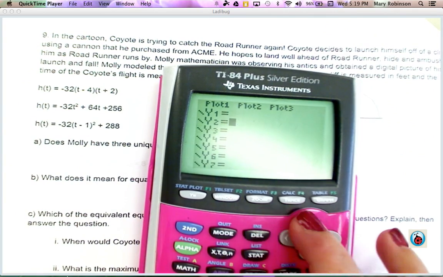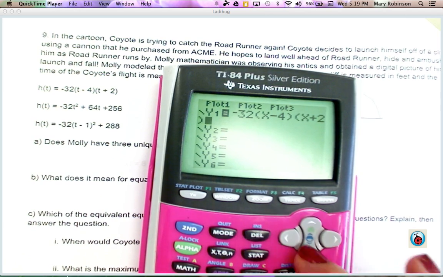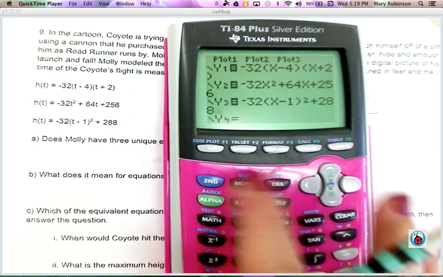So the first thing you should do is type each of your functions into y equals. So you type each of your functions in and then check the table.